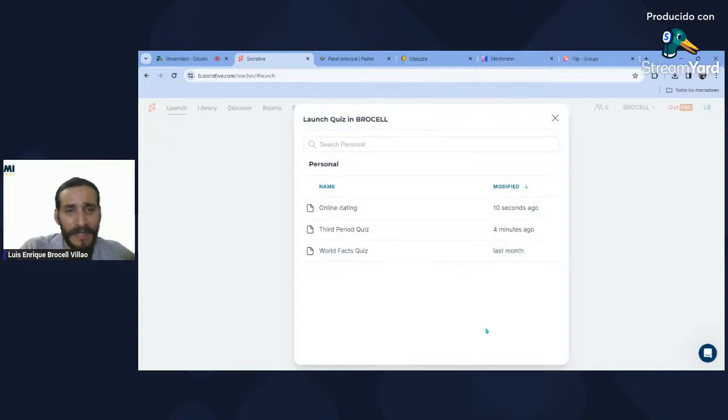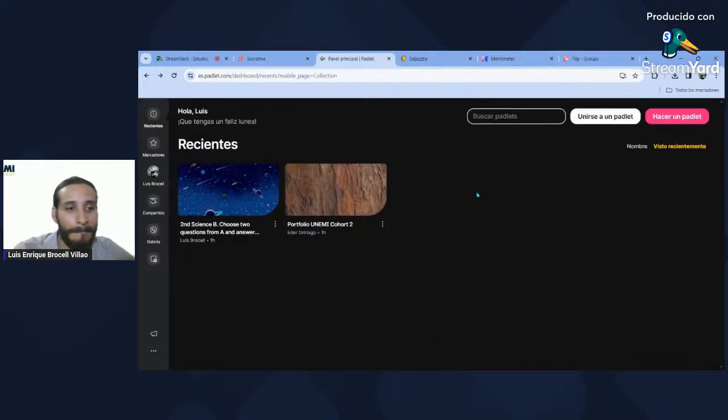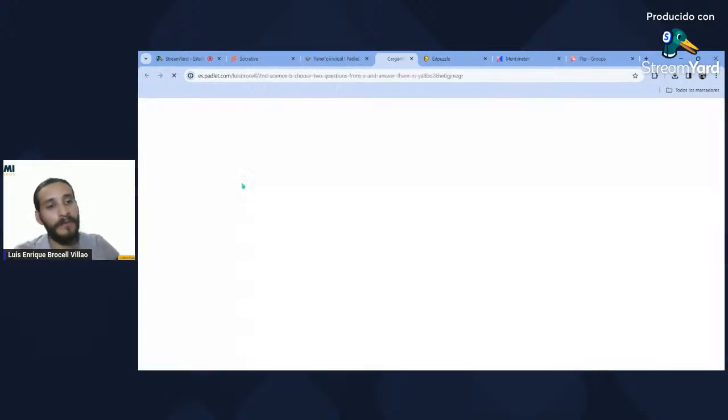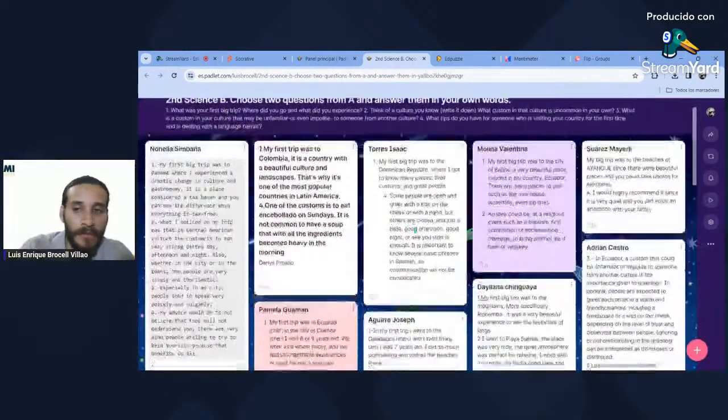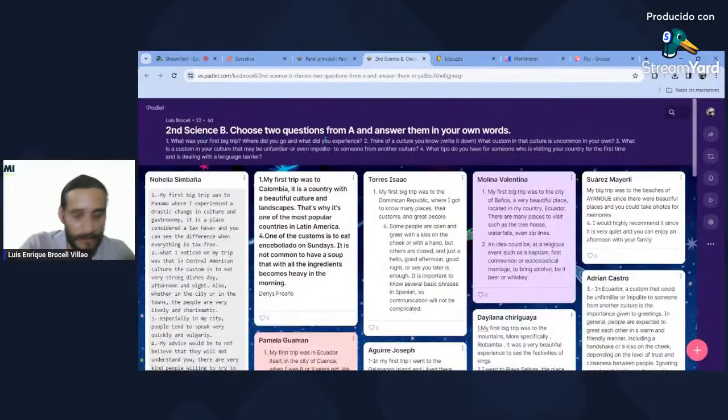Okay, let me jump to the next application that I often use with my classes. Padlet. I use Padlet with a task that I did before with my students. It's for second year baccalaureate, and this is the topic.